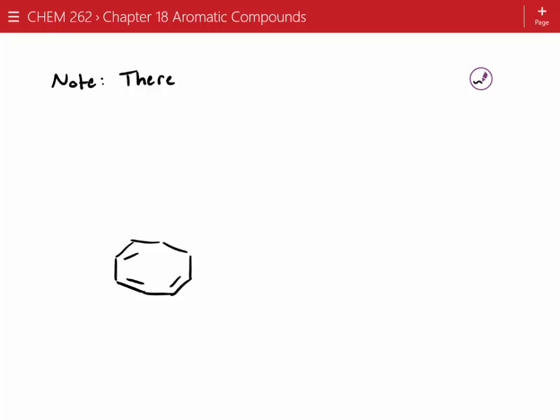There cannot be sp3 hybridized carbons or hybridized atoms in the ring system.